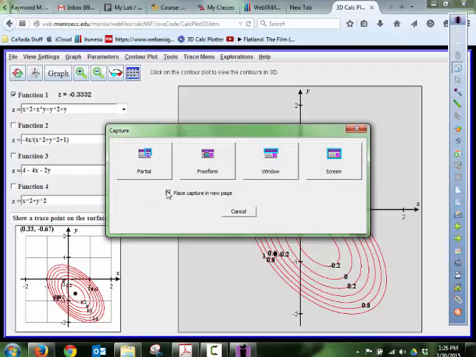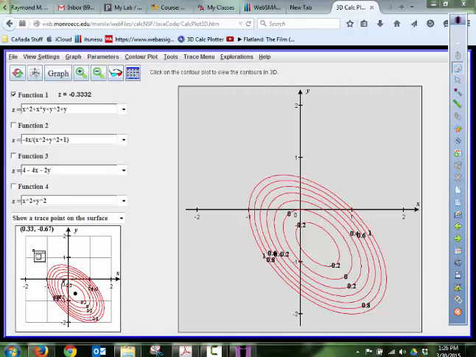So that gives us another method of finding the max or mins using level curves. It's kind of interesting to see how these max and mins occur.